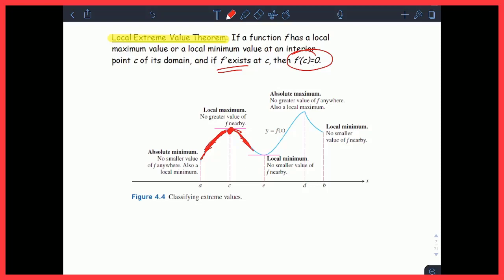If you change from a positive derivative, increasing function, to a negative derivative or decreasing function, that is a maximum. Okay, a change of positive to negative.